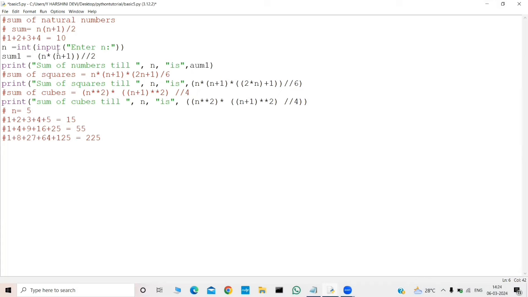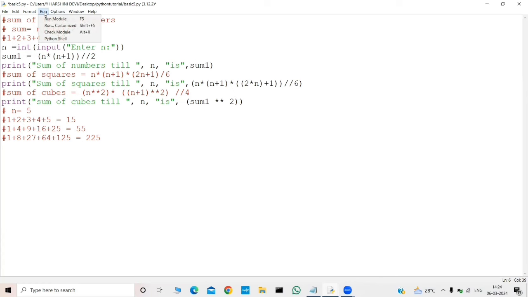And if you observe, the formula for sum of natural numbers was n into n plus 1 whole by 2. And for the sum of cubes, it was n square into n plus 1 whole square by 4. So simply, instead of computing this whole thing, we can keep sum one power 2, right? Okay. Yeah, here it was sum.